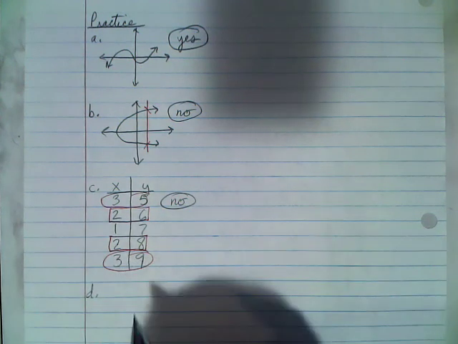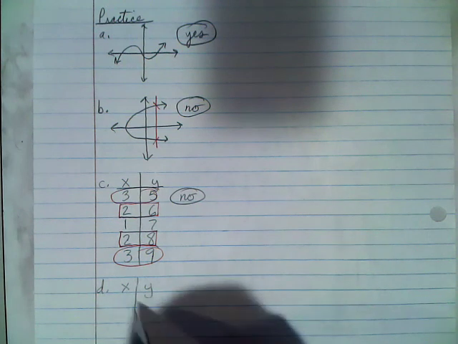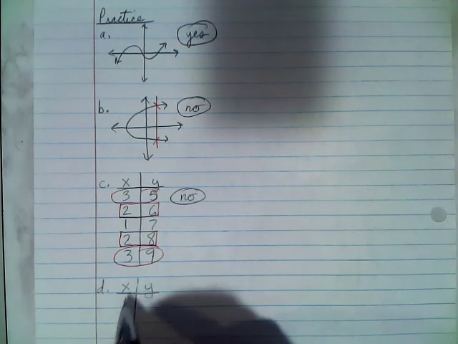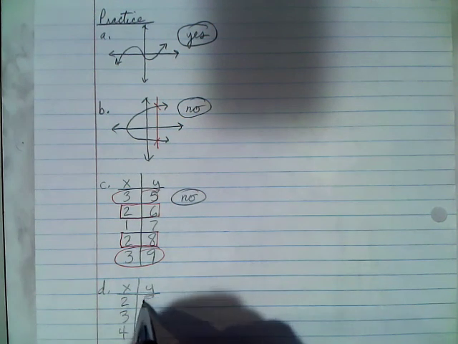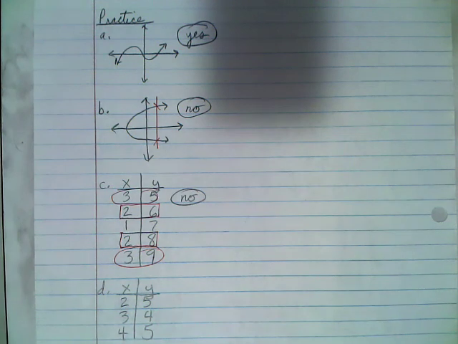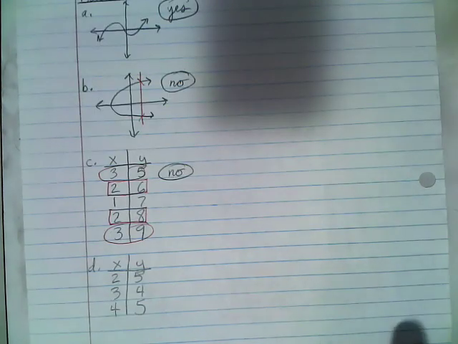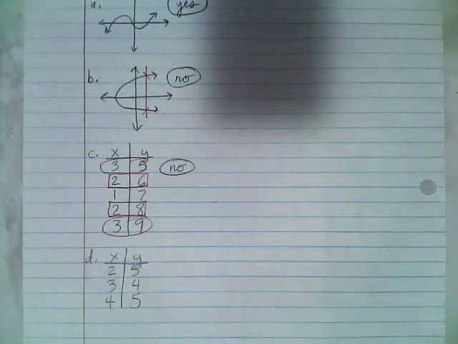And finally, D. So X and Y, and there are 3 pairs of values this time. So 2, 3, 4, and then 5, 4, 5. So is this a function? So remember, we're looking for any input that results in more than one output.